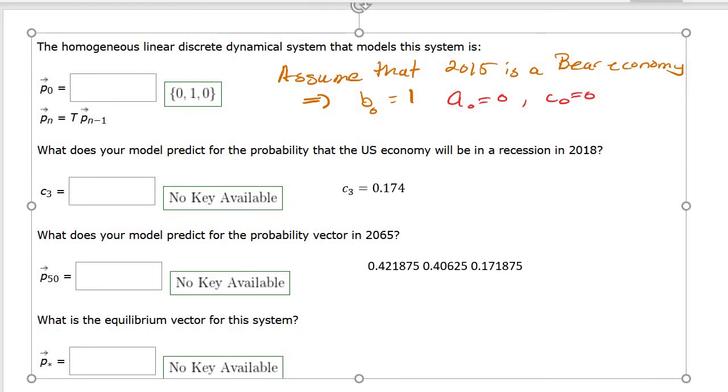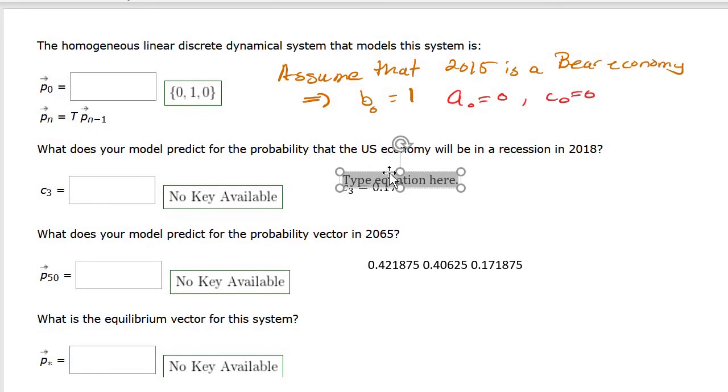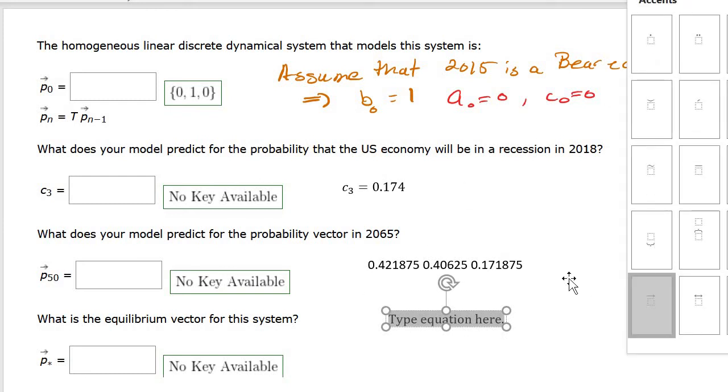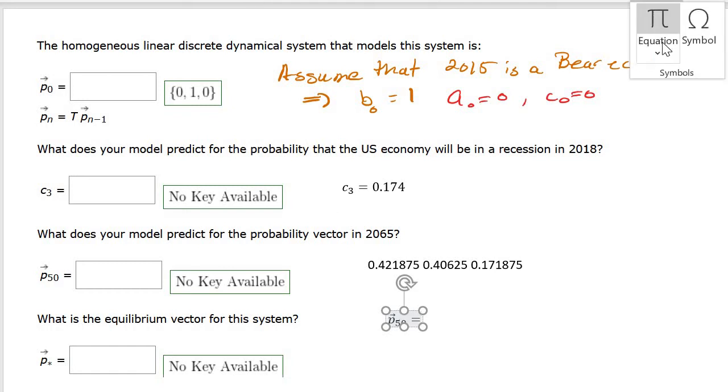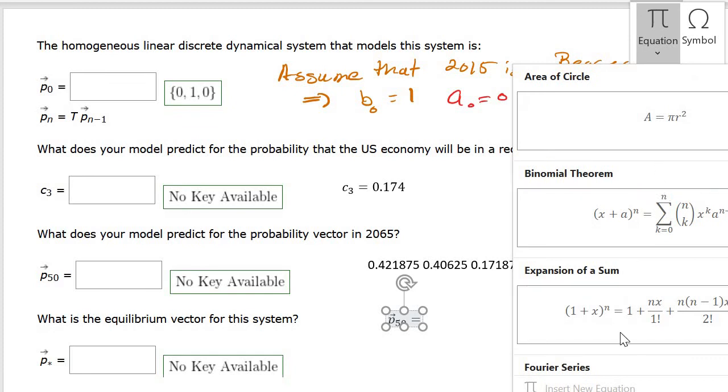I'm sure there's a way to enter it. But we usually list our vectors in the form like this with an arrow, P sub n. And then we put it in column notation like this. So bear with me, I just want to make sure that you have the right notation here.